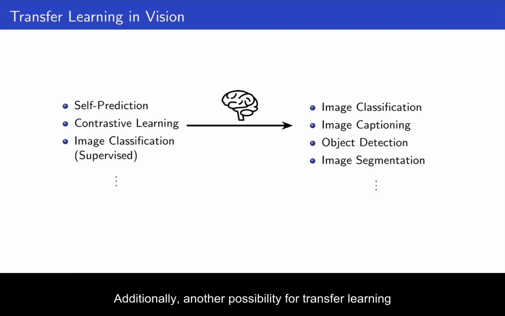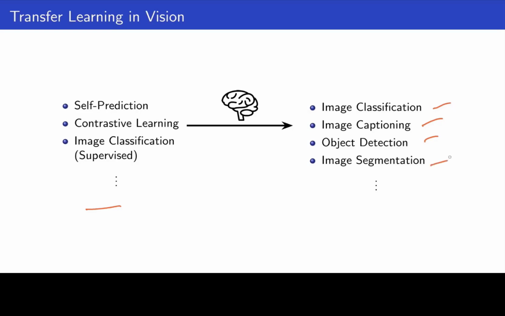Additionally, another possibility for transfer learning is supervised image classification. After pursuing any of the pre-training strategies on the left shown here, learned weights are partially transferred to the target architecture, and we can then fine-tune the model for different tasks such as image classification, captioning, object detection, semantic segmentation, and so on.